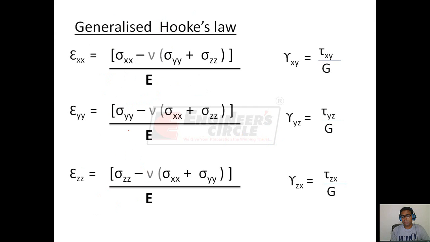Similarly, gamma xy is tau xy by G, gamma yz is tau yz by G, and gamma zx is tau zx by G. These 6 equations are called the generalized Hooke's law, and they are valid only for linearly elastic and isotropic model.